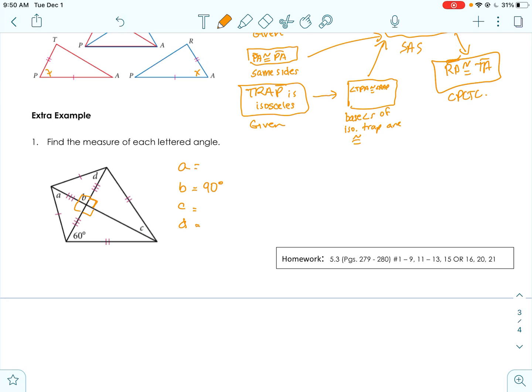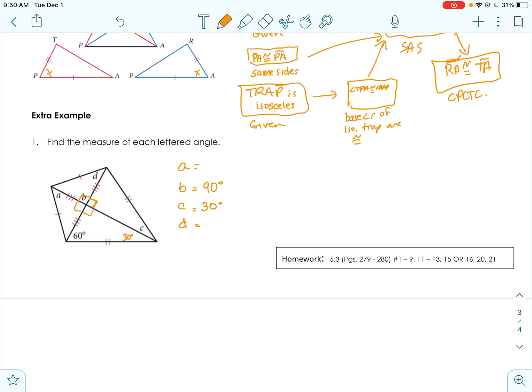That would mean that this angle over here would have to be 30 degrees because of the triangle sum conjecture. Well, if this is 30 degrees, that means we know C is 30 degrees because that diagonal bisects the vertex angle. And if we know that's 30 degrees, we also know A is 30 degrees. Scratch that. We don't know that.